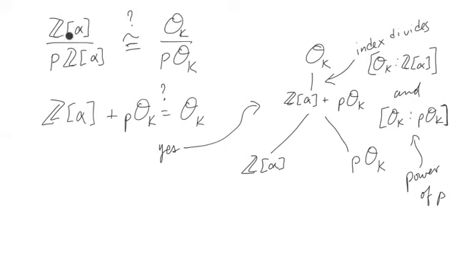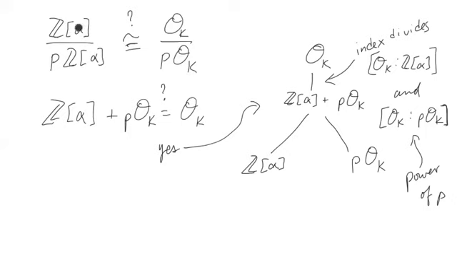If we have two different representatives and we subtract them, suppose they are in the same coset, that means their difference must lie in pO_K.